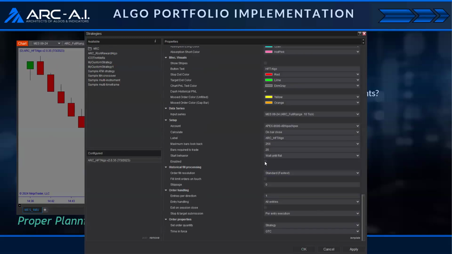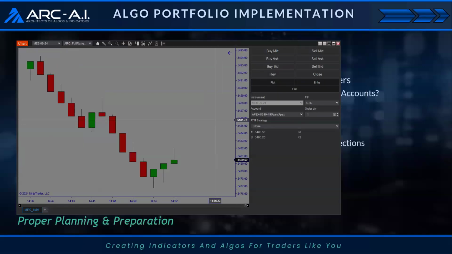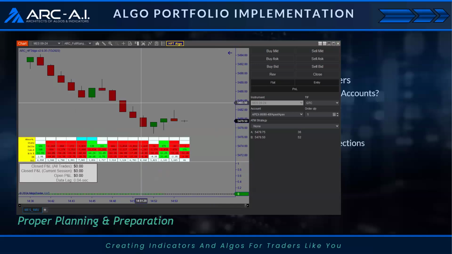Taking one for the team here with this eval. Did I freeze it? Yeah, I might have froze the chart. There it goes.